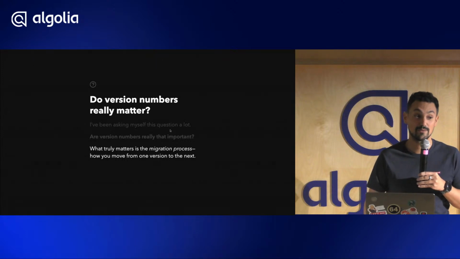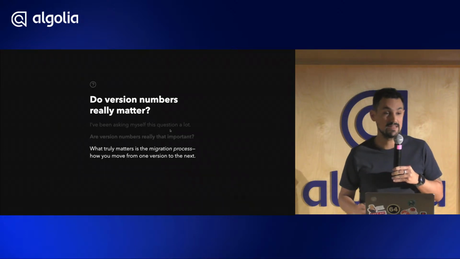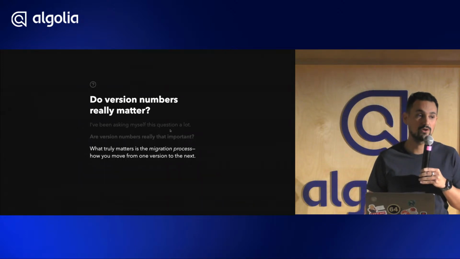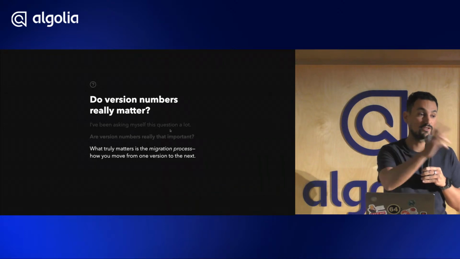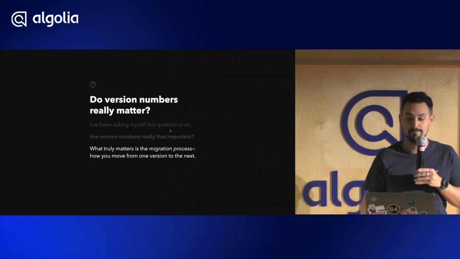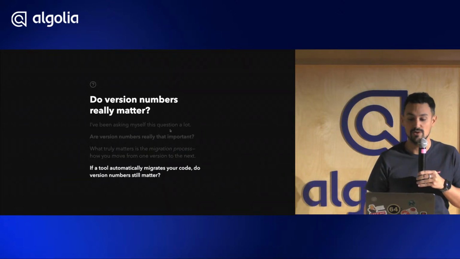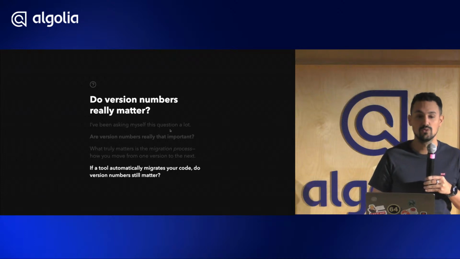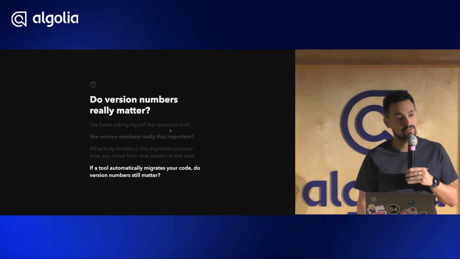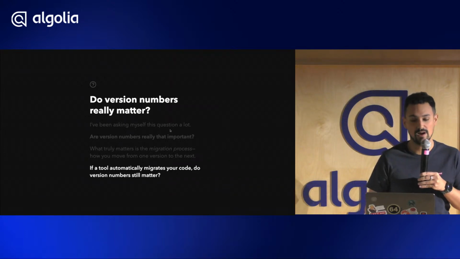What truly matters for me as a user, finally, is the migration process, how I'm going to go from version A to version B. I don't care about the numbers. And what if a tool automatically migrates your code? Is it still important to have these numbers? I don't know.